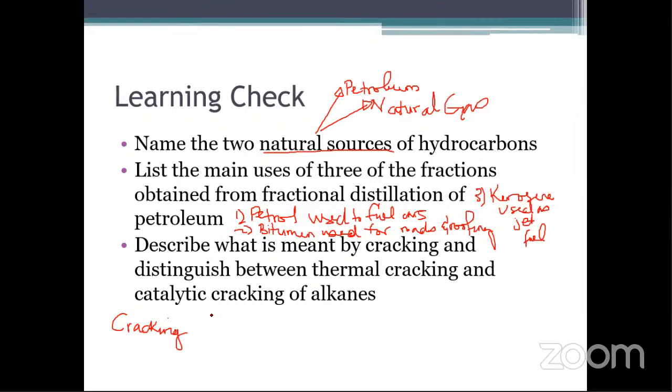All right, what is the difference between thermal cracking and catalytic cracking? Miss, thermal uses heat alone and catalytic cracking uses heat and a catalyst?